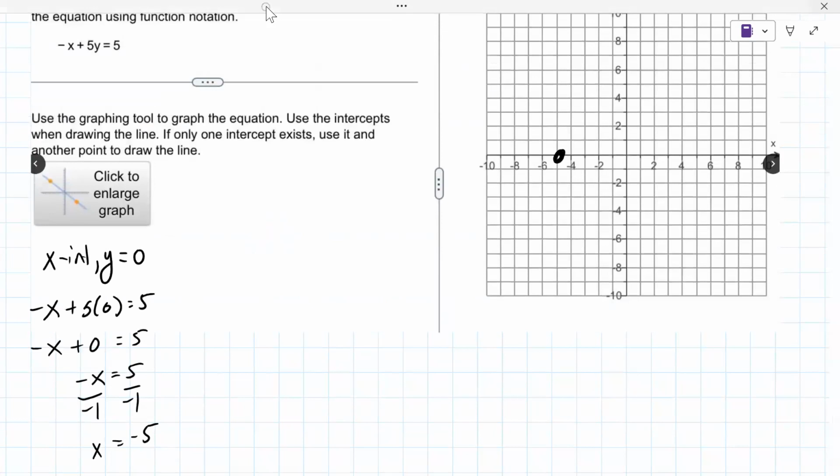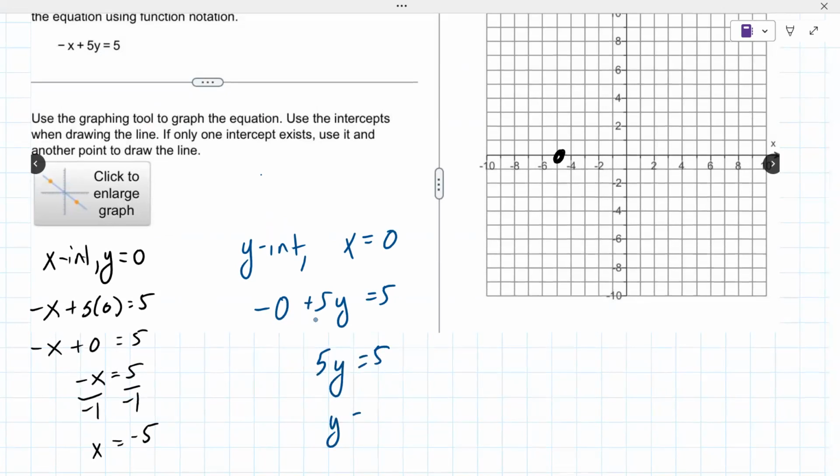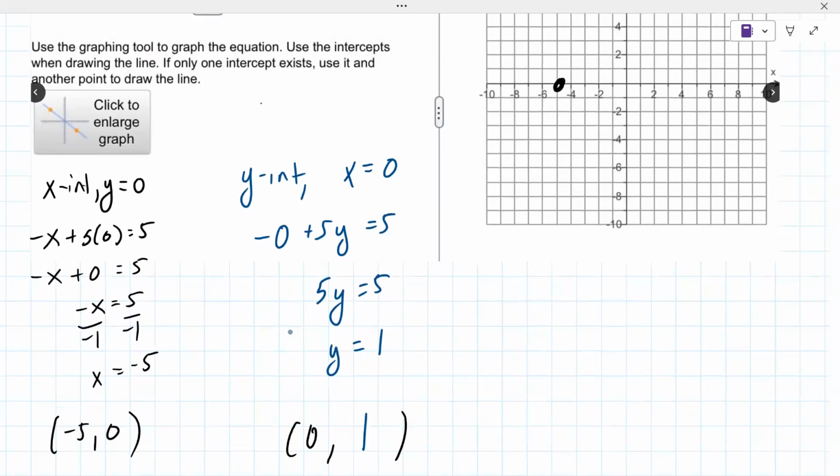You'll also notice the more you do these, the more that you are just covering up one of them. So it's -0 plus 5y equals 5. Notice the x basically goes away. -0 is the same as 0. 5y equals 5, so y equals 1. And that's that other coordinate there.